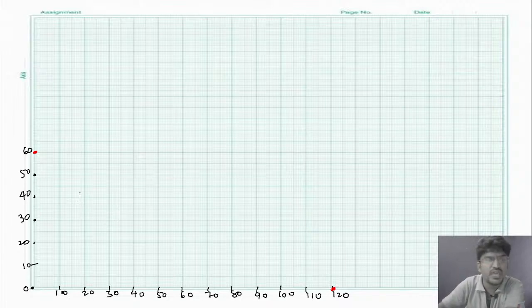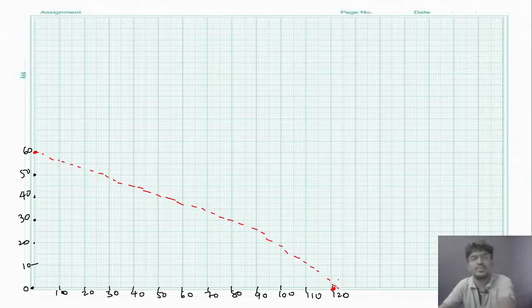So for this you have to join this line. Take the scale and join it clearly.